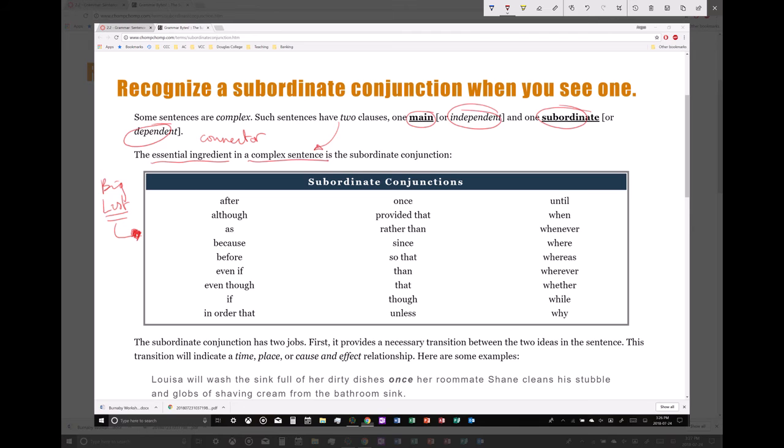Okay. And here are some words. Take a look at these words, see if you know some of them. If you know them, you can circle the ones you know. Well, I'm going to circle all of these because I know them, but maybe you haven't seen something like in order that.